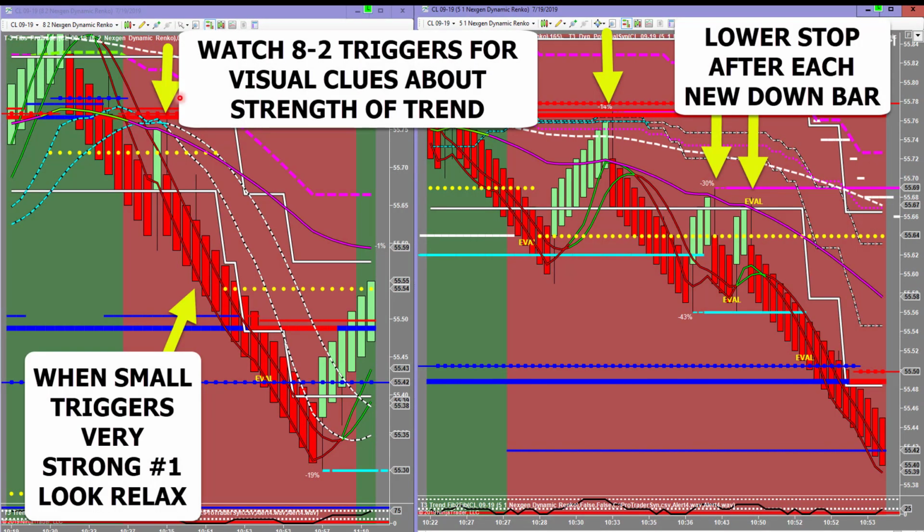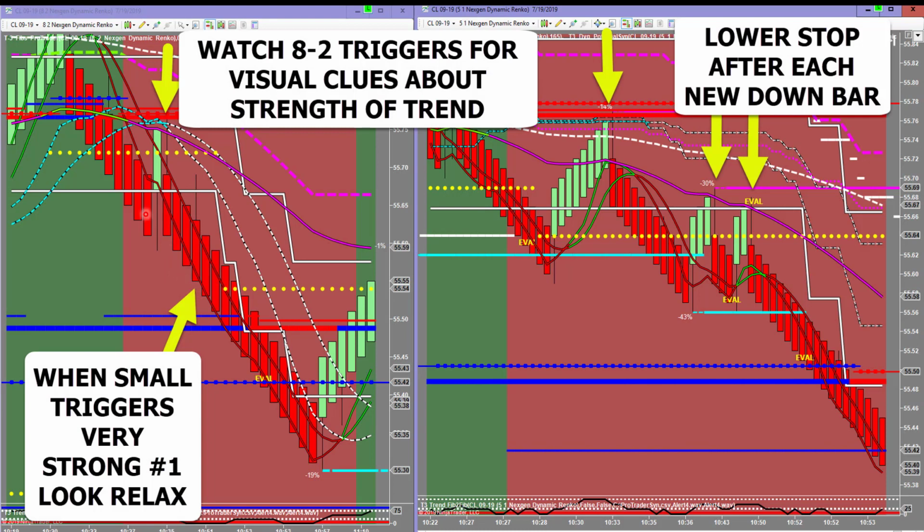Now, again, when you're doing a trade, guys, and you're deciding whether or not you're going to hold on or manage or get out, I want you to think about something. Watch, especially the 8-2. The 14-2 triggers too, but the 8-2 are even more responsive.